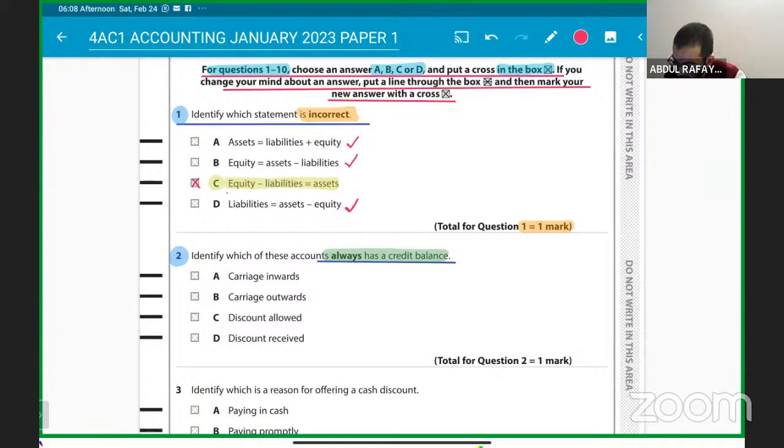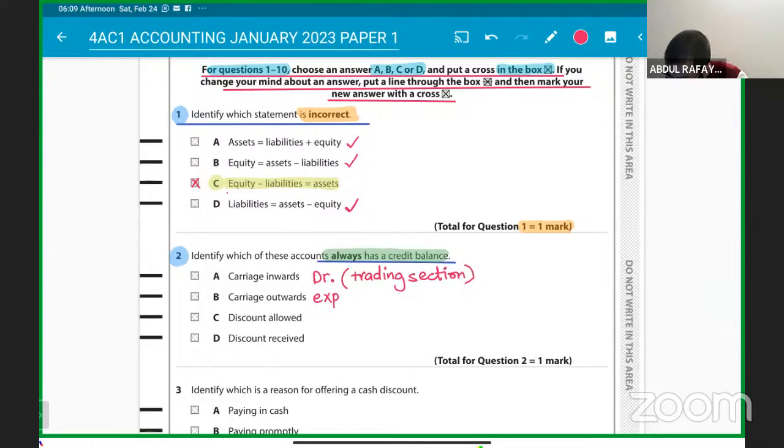Very good. Students, we need to understand that carriage inwards has a debit balance nature. It is the cost of bringing raw materials to the manufacturing process, so it comes in the trading section and is an expense.